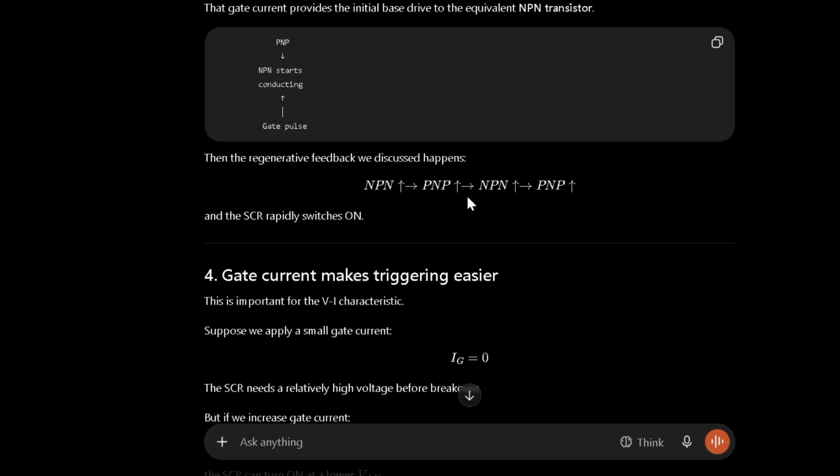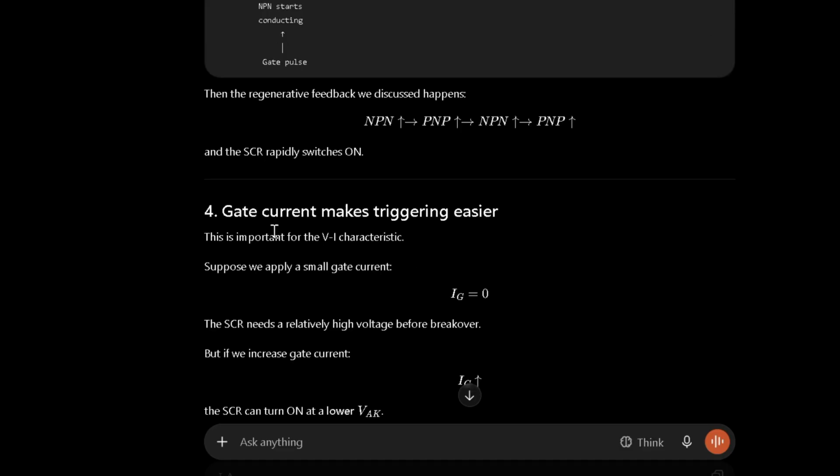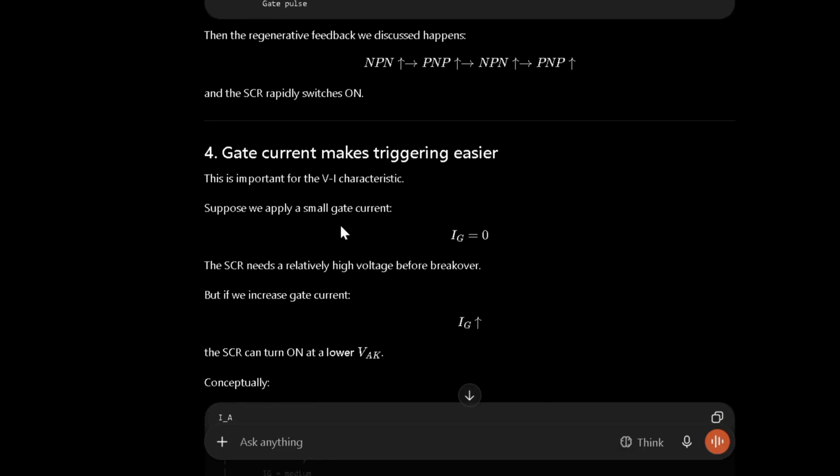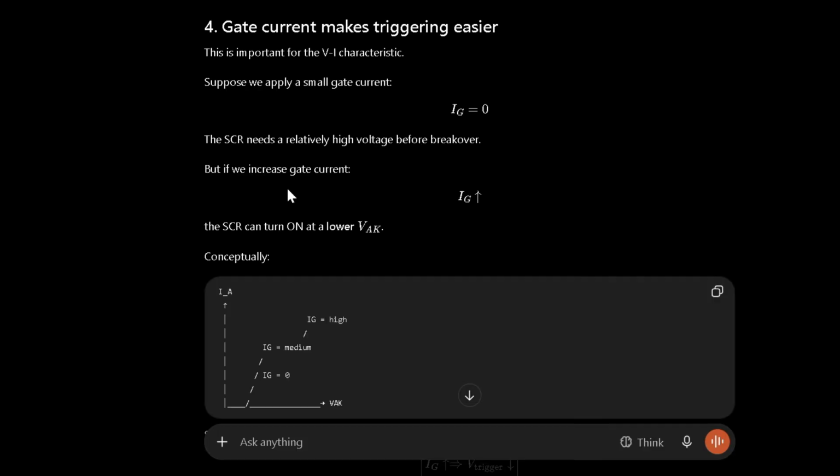This is the most important part for VI characteristics. Suppose we apply a small gate current, IG equals 0. The SCR needs a relatively high voltage before breakover. But if we increase the gate current IG, the SCR can turn on at a lower VAK. Conceptually, on the axes we have voltage from anode to cathode and current at the anode. So as IG increases, the SCR can turn on at a lower VAK.